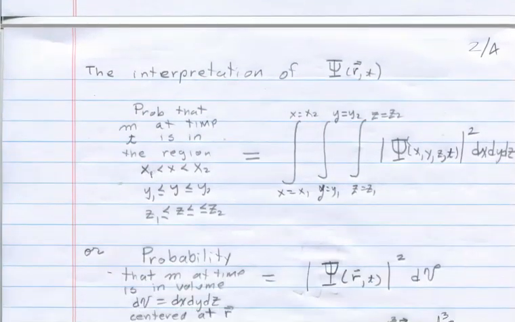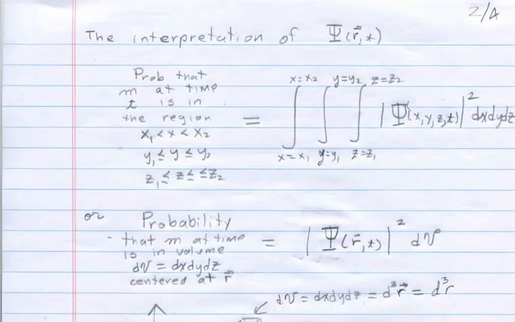The interpretation of psi is that its square is a probability density, and that's the Born interpretation of the wave function. We actually did this in some detail earlier, but in one dimension, it was the probability that the particle at time t is in the region of space x between x1 and x2. Well, all we have to do now is to make sure that it's the probability that it's in a volume region.